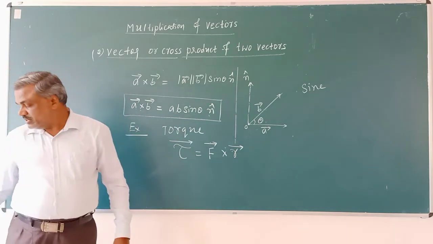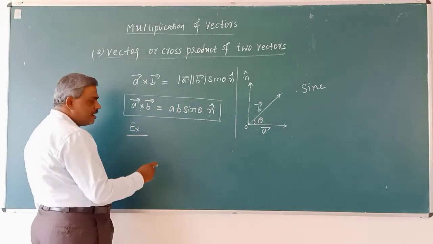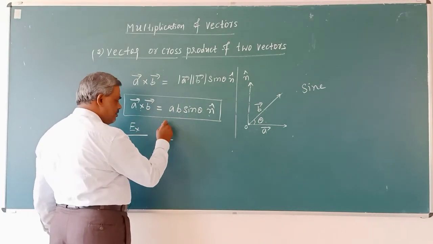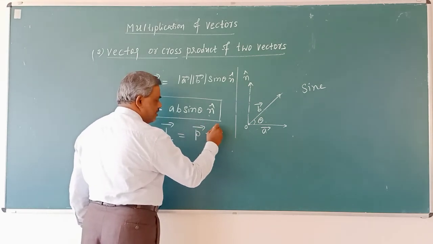And one more example, second example: angular momentum. Symbol capital L equals linear momentum into perpendicular distance.